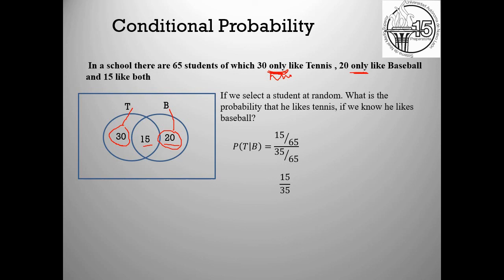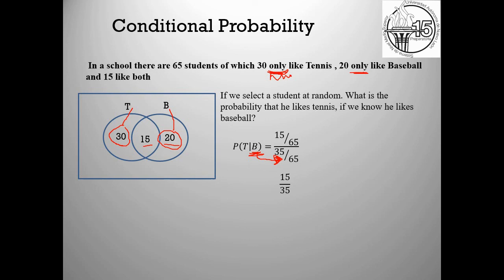If we select a student at random, what is the probability that he likes tennis if we know he likes baseball? So the known event, we place it to the right, and the probability of that event, we will write it as the lower part of the fraction.